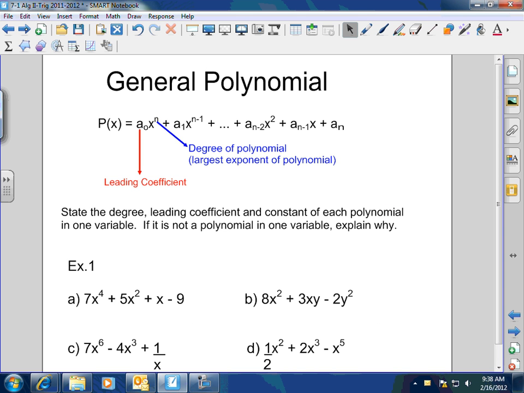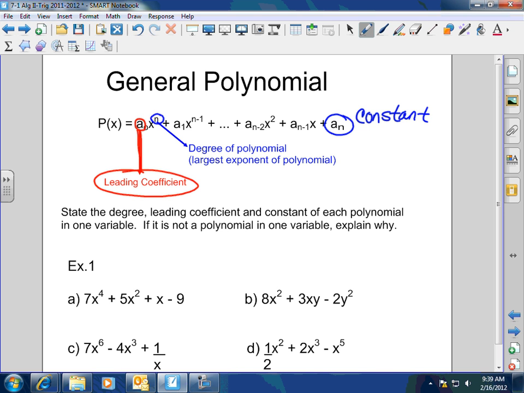So, when we have a general polynomial, p of x, we have a0 times x to the n plus a1 x to the n minus 1 plus dot, dot, dot, and so on, and it ends with a sub n. This one right here, that's going to be the constant. There are no x's there. And this a right here, that's the leading coefficient.